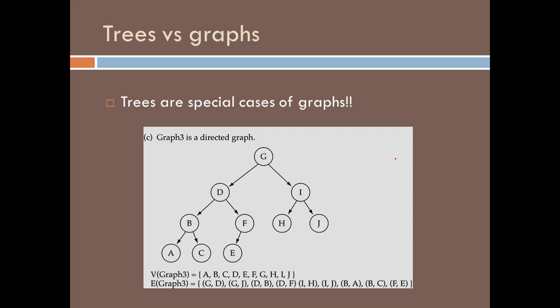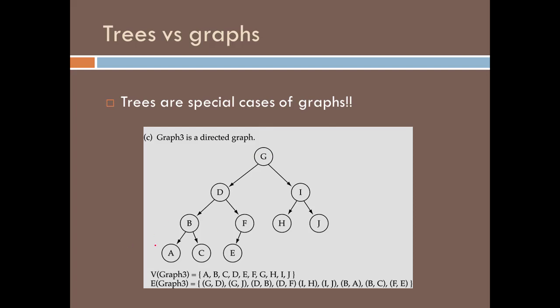So in this figure we can see graph 3 is a directed graph. For example, it is starting from this point G, and then we can go to D, I and so on. Because this has no cycle inside, it means this is a tree as well. So this is a tree as well as a graph.